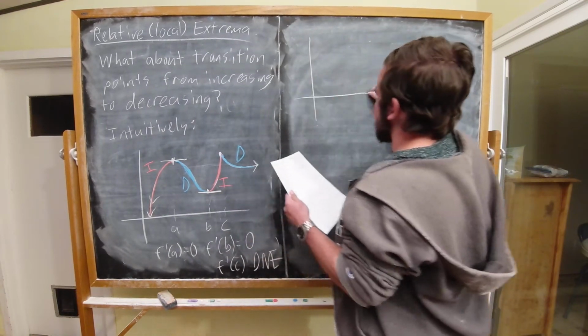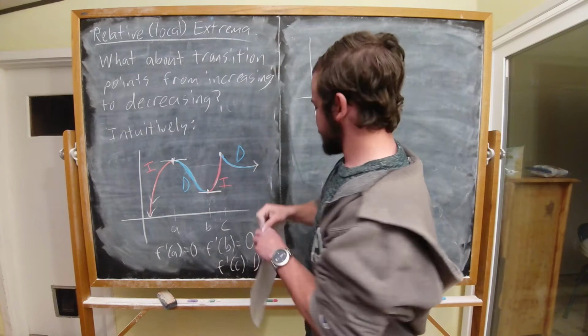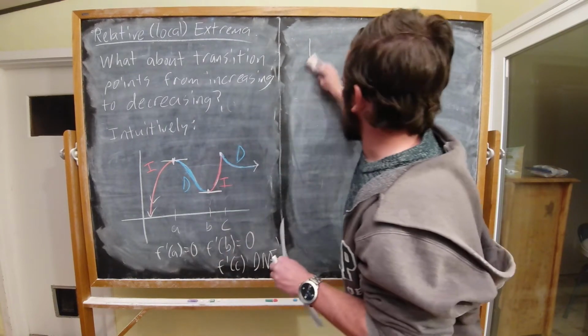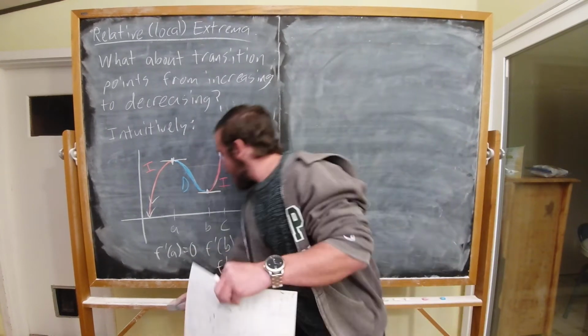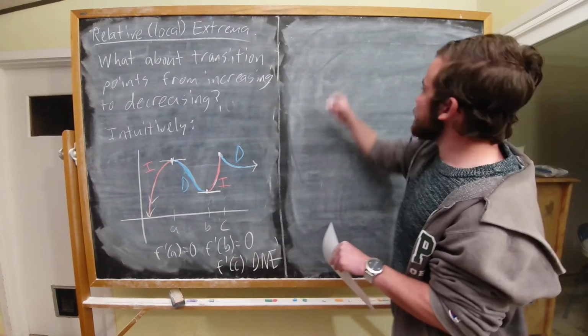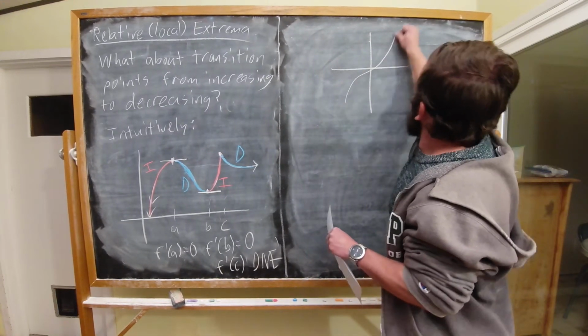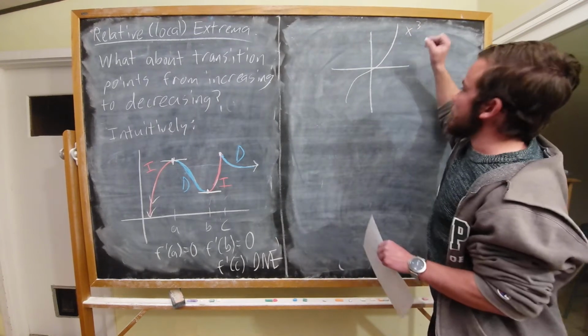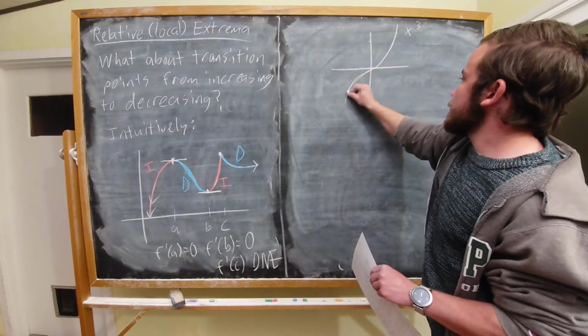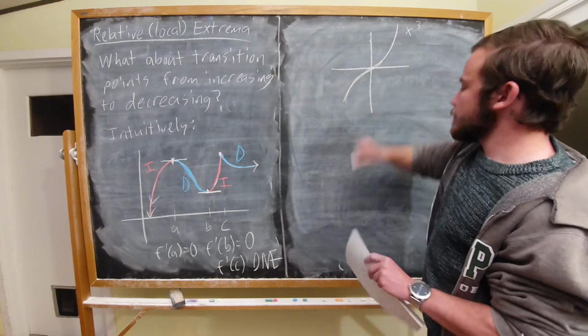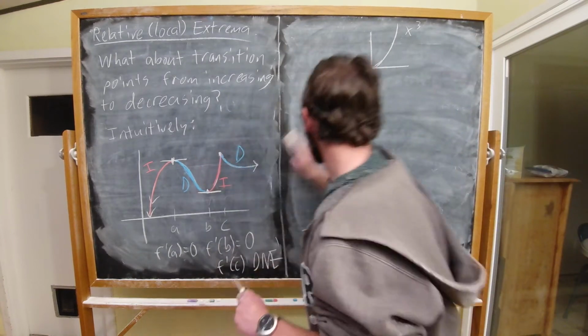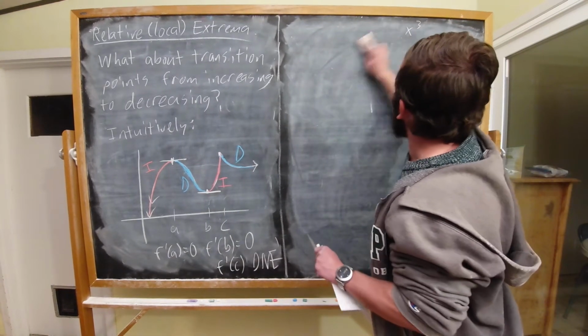Maybe we have something like x cubed, which looks roughly like that. You know what? That's a pretty poor drawing of it. I'll draw it better to make my point.